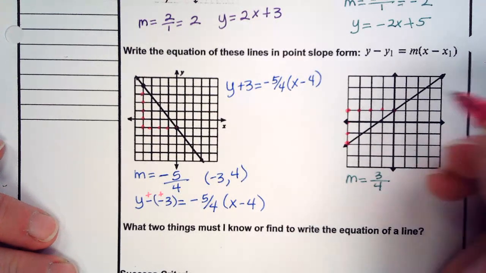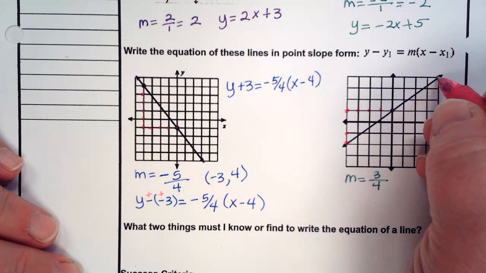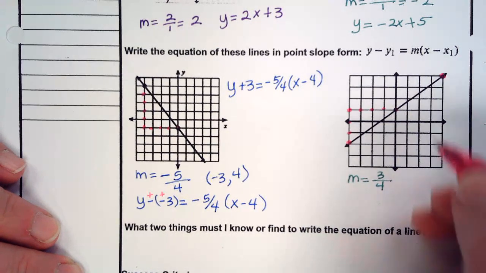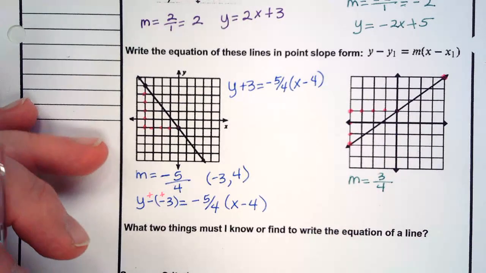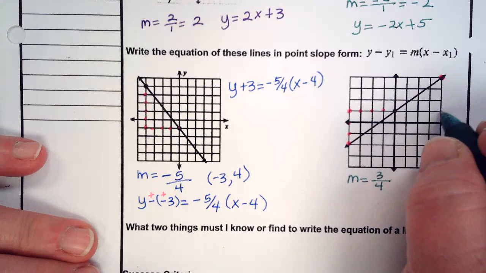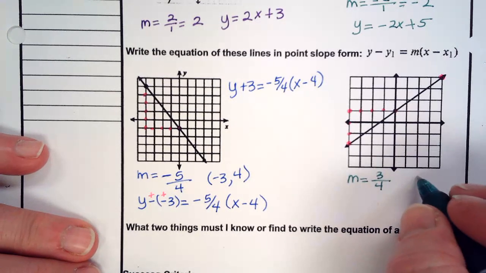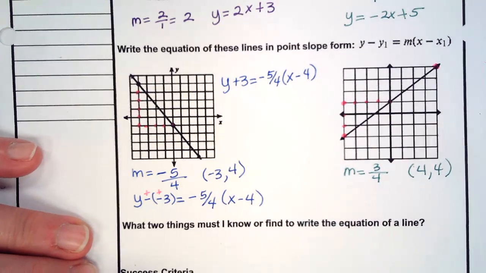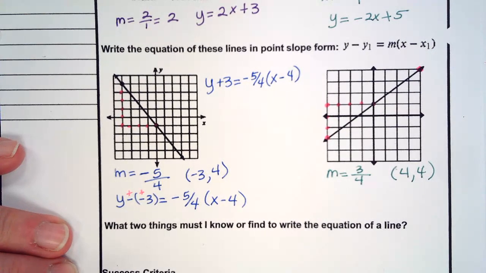Okay, so as I'm looking, up here is another point that would be on the graph. This point is the point 1, 2, 3, 4, 1, 2, 3, 4. So I'm going to use the point 4, 4. That way I'll be done when I plug it in.